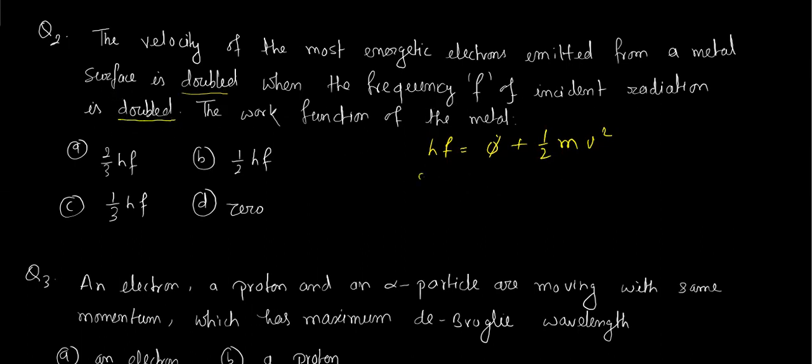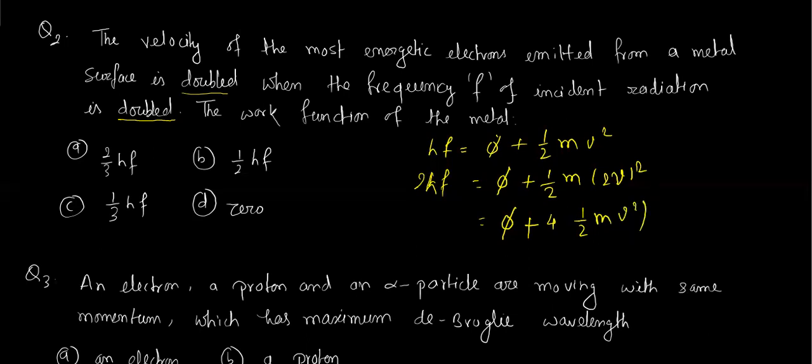That's why we can write 2hf equals phi plus half m times (2v) square. Here I'm going to take 2 square as 4, and the rest is half m v square.